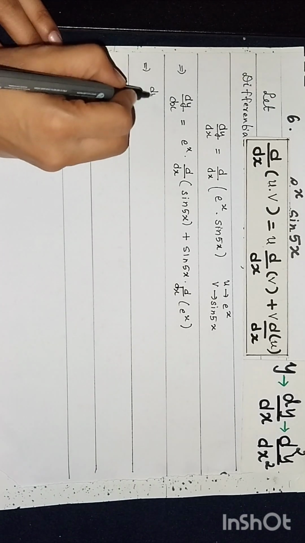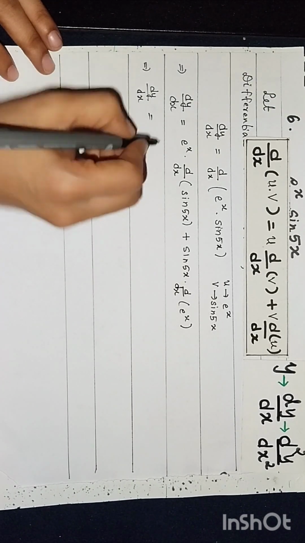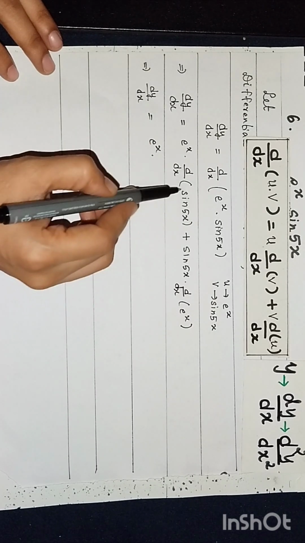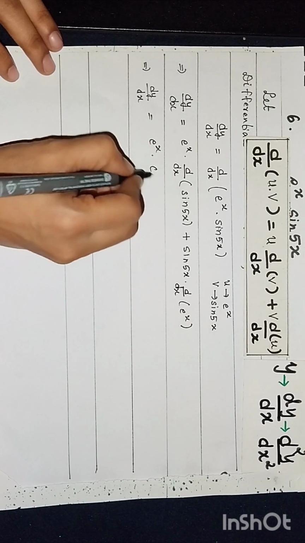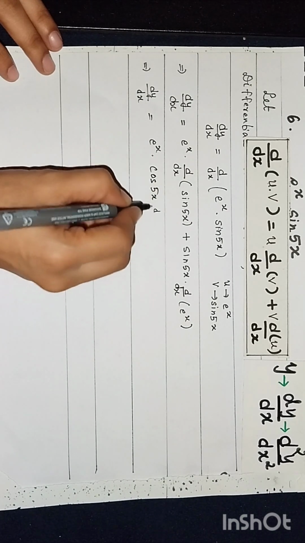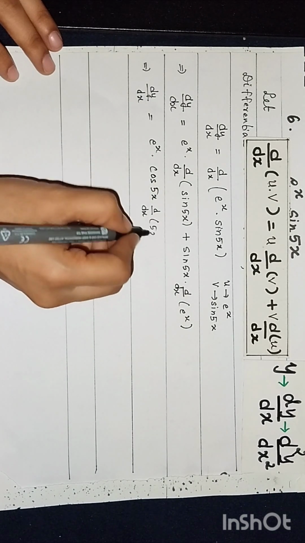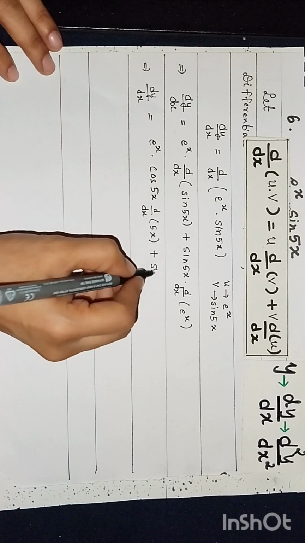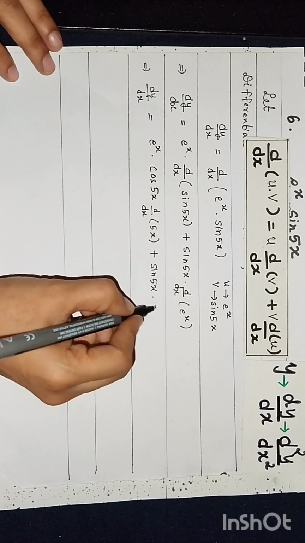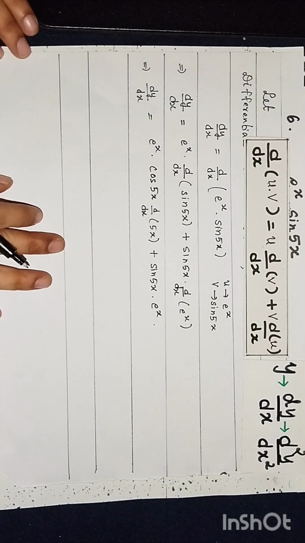This implies dy by dx is equal to e to the power x. Derivative of sin 5x is cos 5x, and we should also differentiate 5x, d by dx of 5x, plus sin 5x, derivative of e power x is e power x.